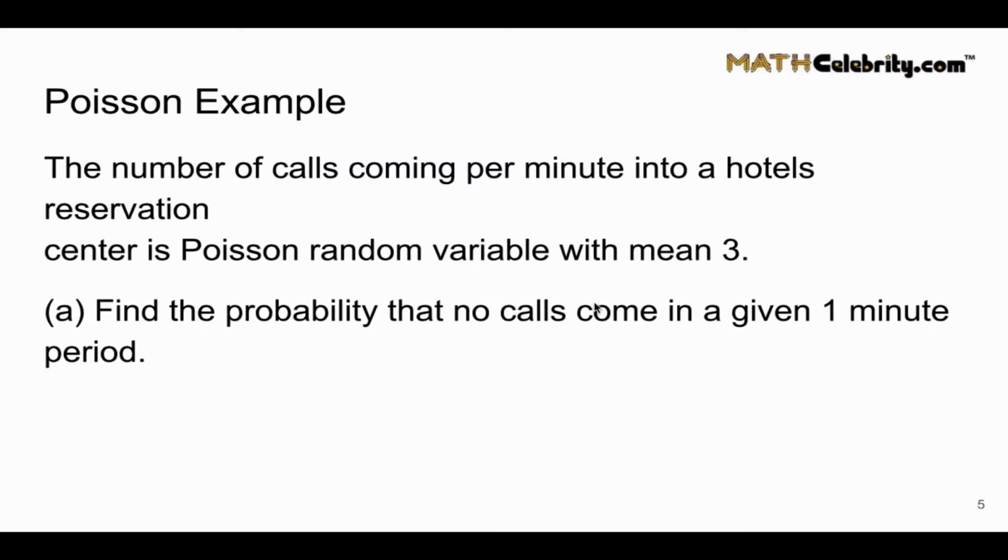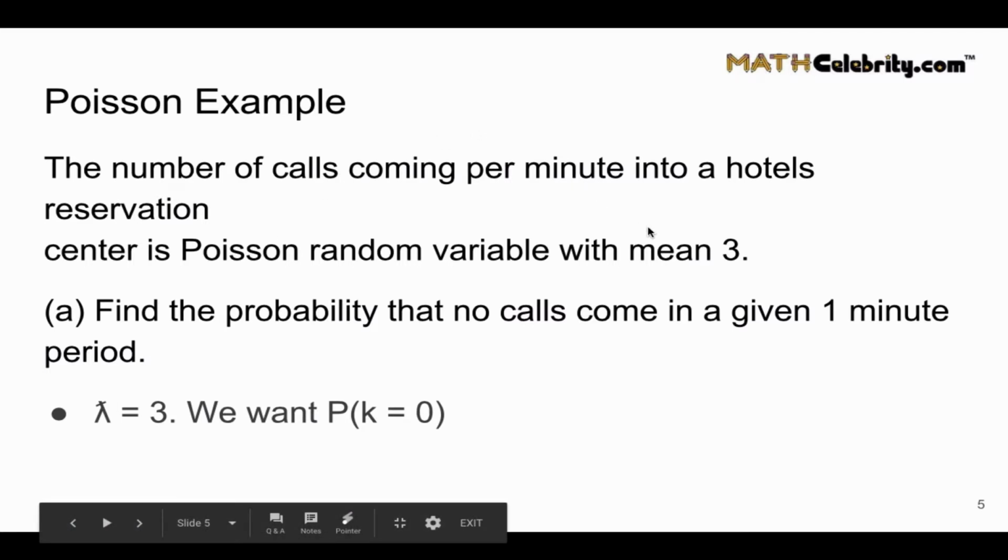First, we have to compare time periods. So per minute and per minute, which is nice because that means we don't have to do any time period conversion. And before I go to the next slide, I want to send you another clue. No calls, which means K equals 0, no successes.